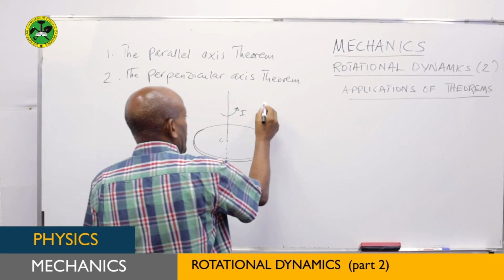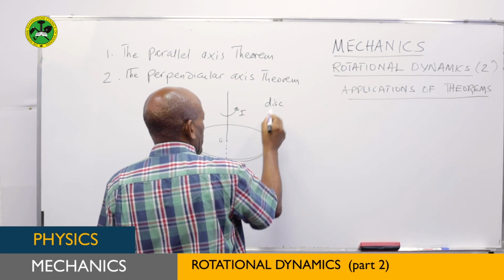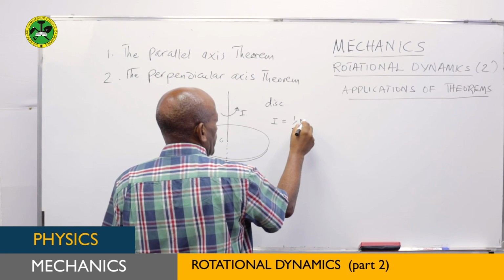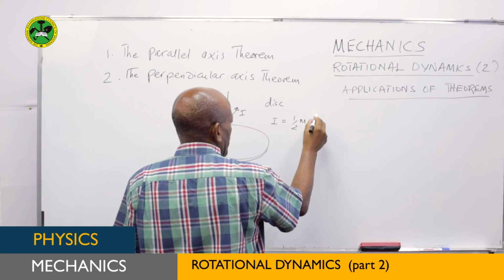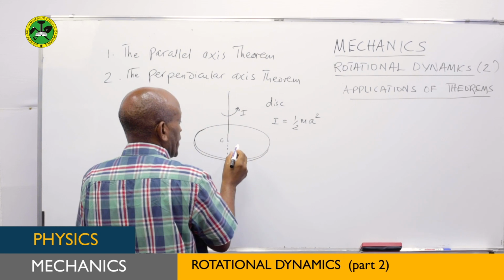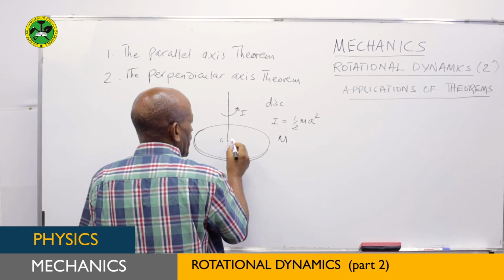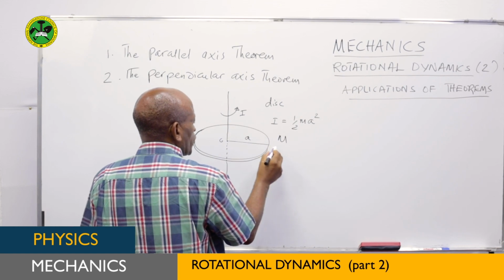If this is a disk, then the moment of inertia, I, is equal to a half times mass times the radius squared, taking the disk to have a mass m and a radius a.